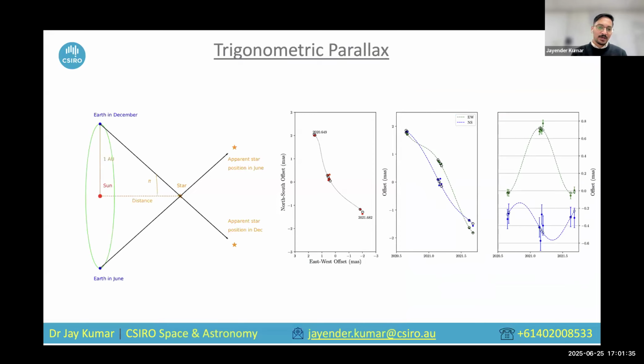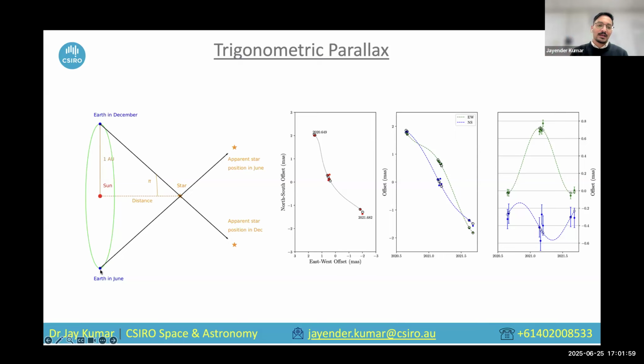It's just basic, simple class 10 geometry or physics. If you can see my cursor, the Sun is over here, and that's Earth over here. Earth completes its full rotation. If it's in December, it's over here, and in 6 months it'll be in June, looking at a particular star relative to a distant background.